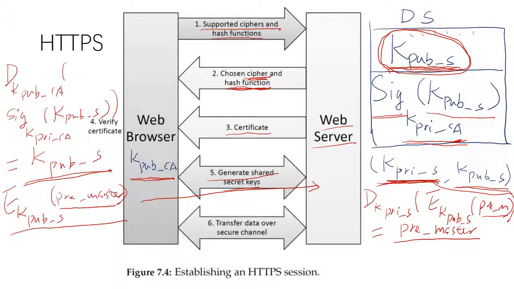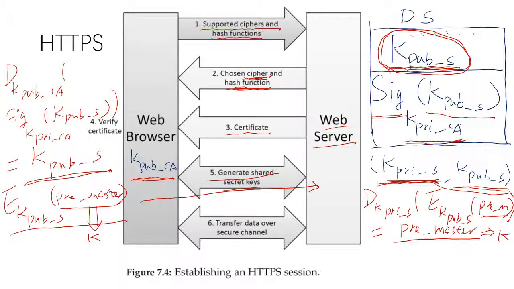So at this time, we know that the two parties are sharing the same pre-master key, and they are sharing the same algorithm to generate the encryption key, let's say K, from the pre-master key. So the two parties generate the same encryption key.